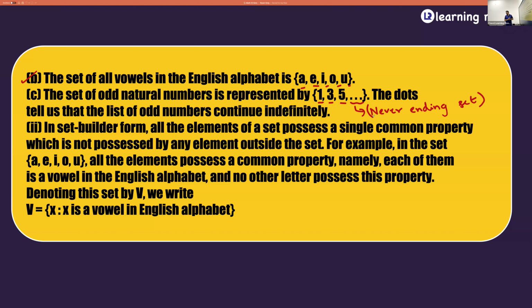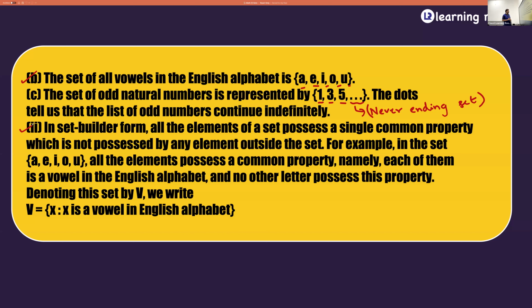Then what about the set builder form? How do you write it in the set builder form? For set builder form, instead of writing multiple elements separately, you give one variable to all the elements and you define a condition of what that variable does.